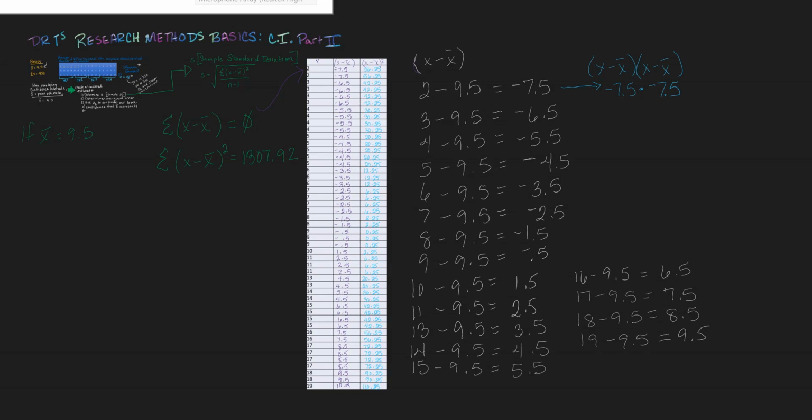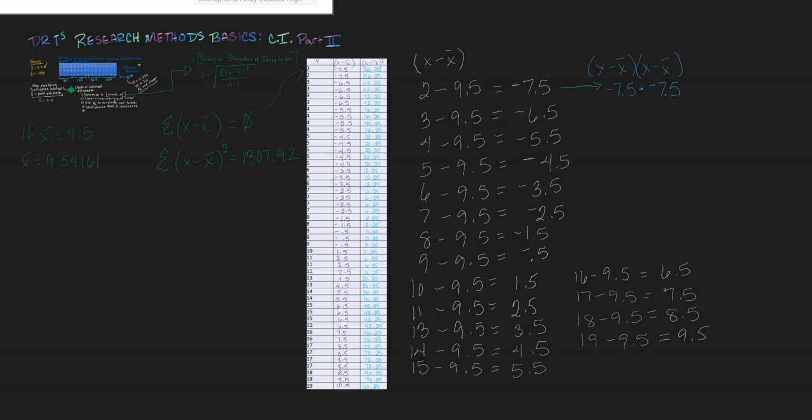If we go out about 4 or 5 decimal places when we were calculating x bar, then it's more accurately 9.54161.